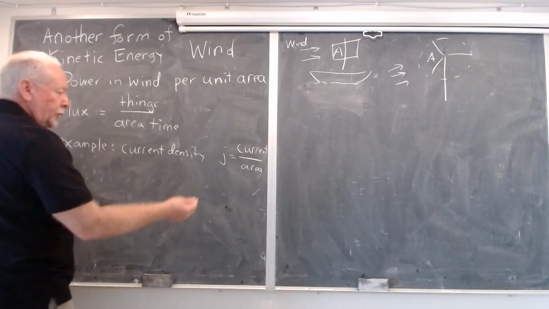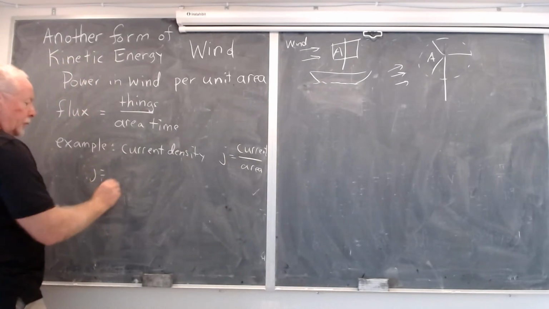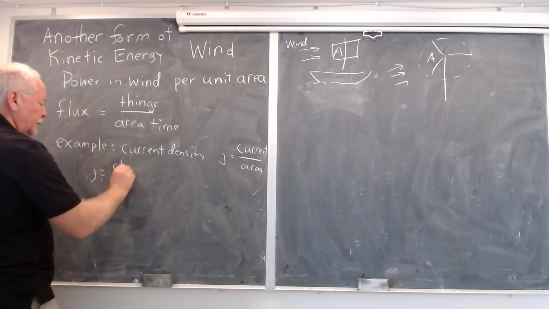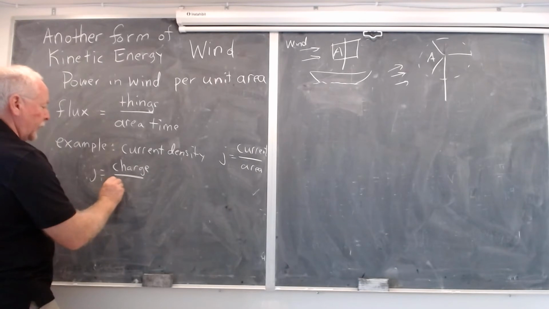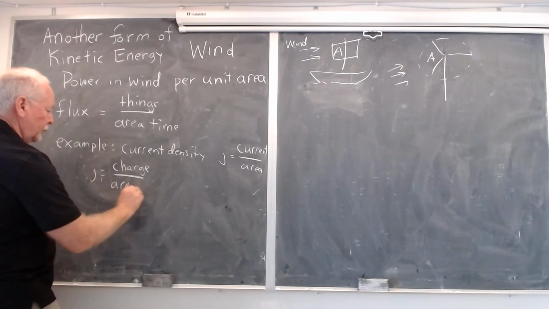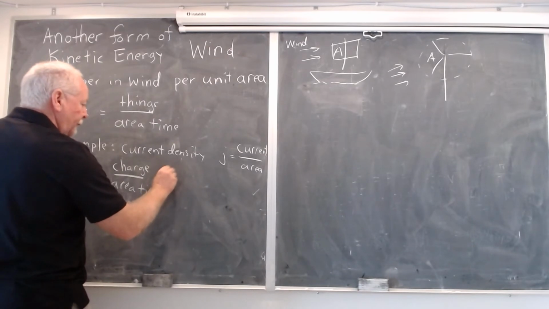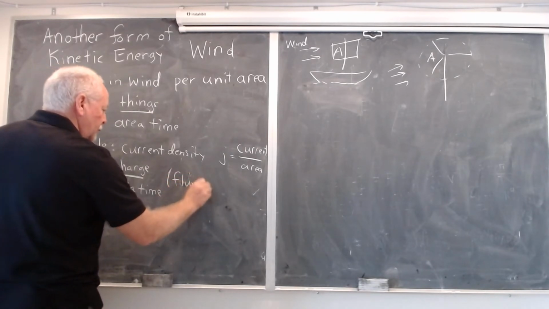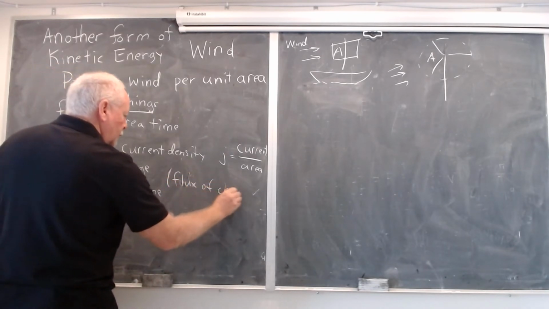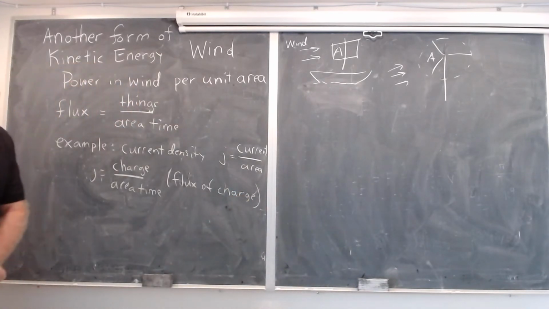Current is charge per unit time. So J, the current density, is charge per unit area per unit time. It's the flux of charge. So flux refers to the movement of something.